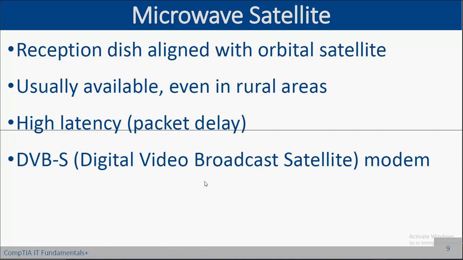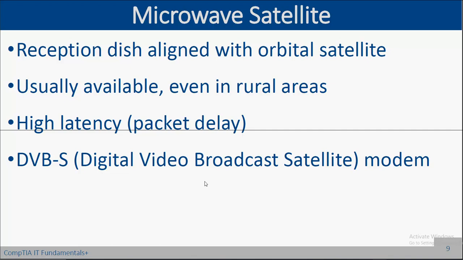So, microwave satellite is a way to connect to the internet. Not very common, but for some people where there is no cable modem or DSL availability, sometimes this is the way that they connect. The reception dish has to be aligned with the orbital satellite, usually available even in rural areas.